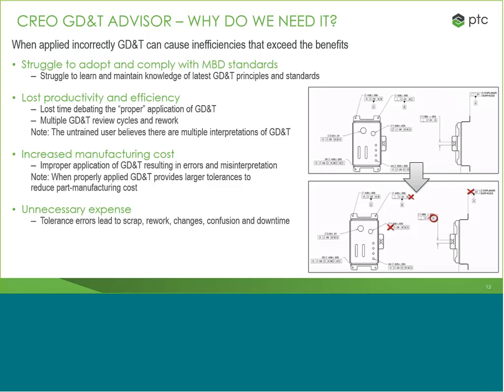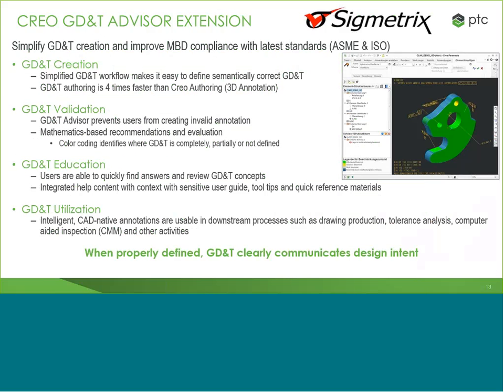If it's applied incorrectly, you actually increase manufacturing cost because you're essentially over-constraining and over-tolerancing, which makes it harder and more costly to manufacture. So all of these things really add up to unnecessary expenses due to scrap, rework, change, confusion, and downtime.